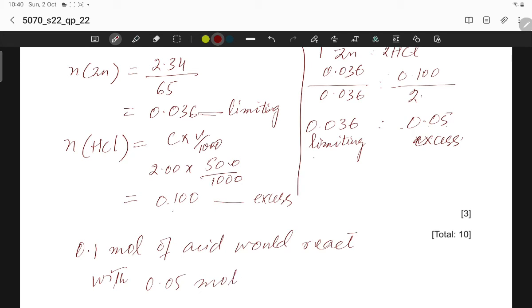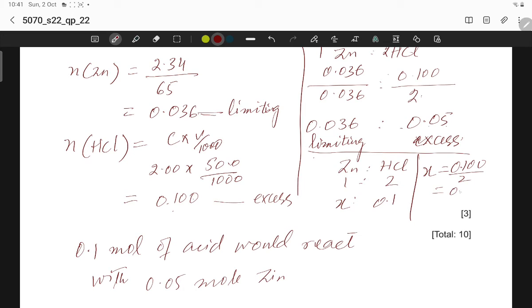If we want to find out which mole of zinc reacts with HCl, the ratio is 1:2 and 0.1 mole, ratio x. The x would be 0.100 divided by 2, which is equal to x. So in this way you can write your statement that 0.1 mole of acid would react with 0.05 moles of zinc. So that's why the acid is in excess.